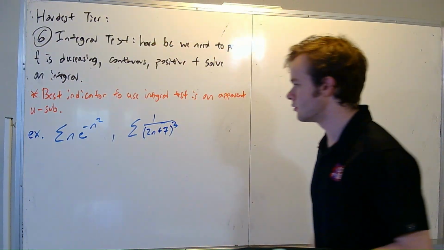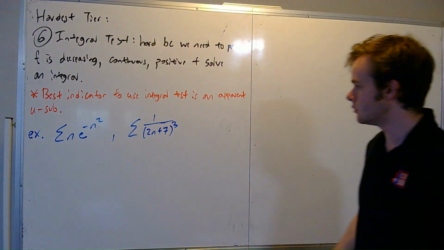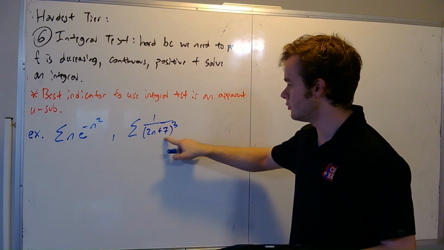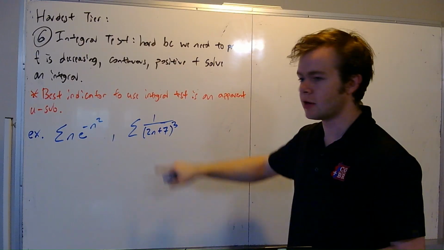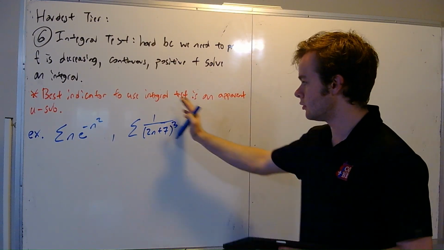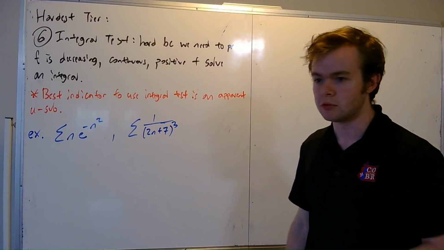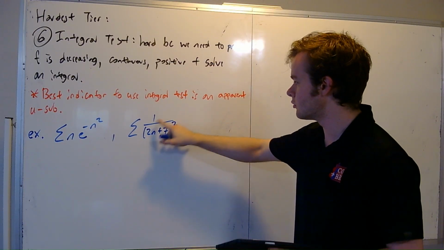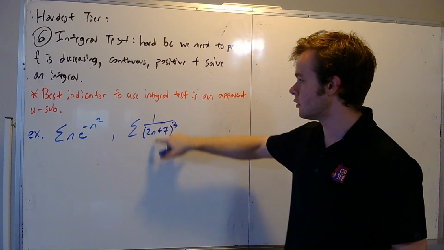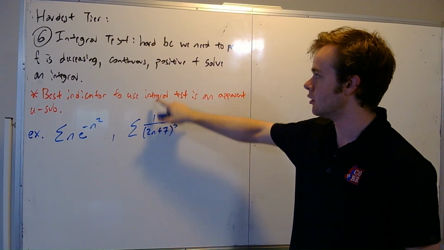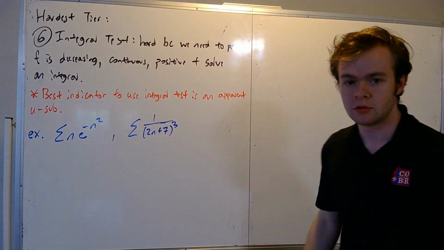Let's say that this is the series that you're given. Well, here again, if you did a u substitution where this inside part is u, then the derivative of u is actually a constant. So you don't need to look for u in the other part of the integrand. So this is also a thing that you can definitely integrate, and that's a clue, since you can integrate this using u substitution, that you're actually going to want to use the integral test.